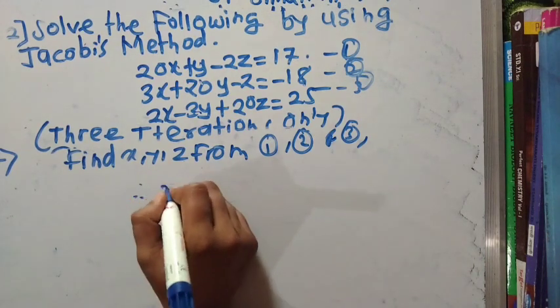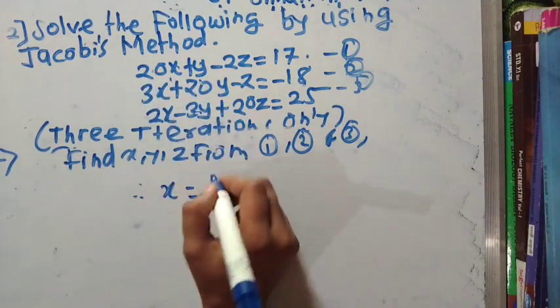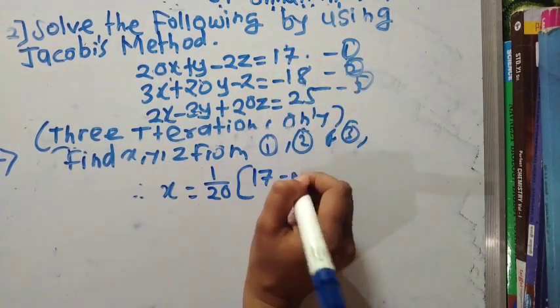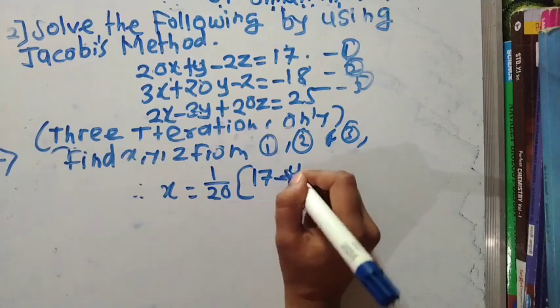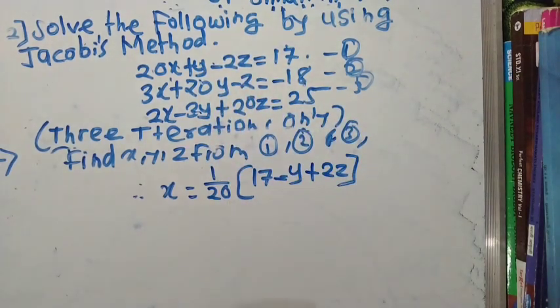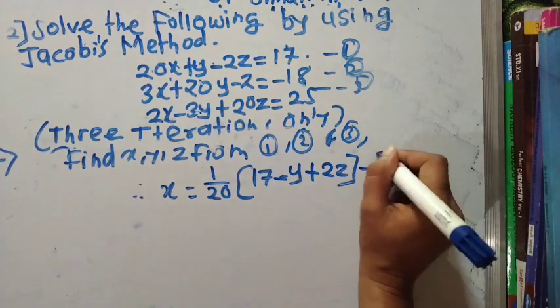So here x is equal to 1 divided by 20, 70 minus y plus 2z.